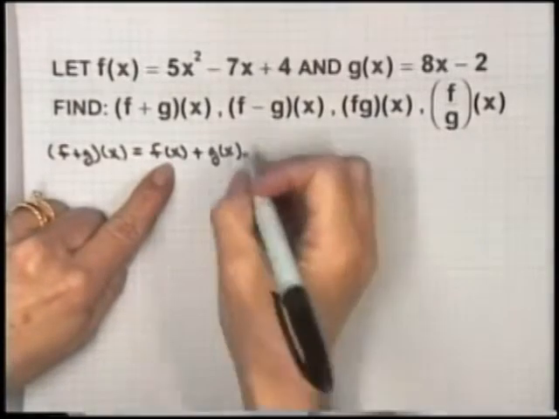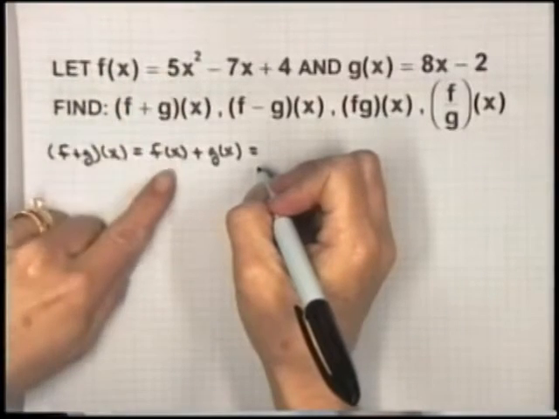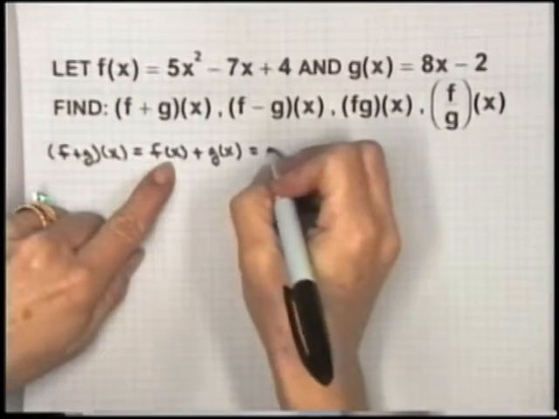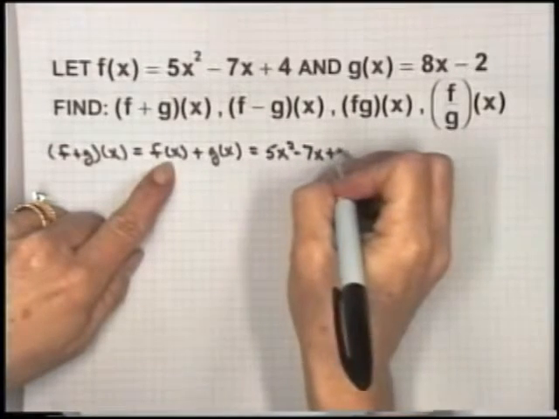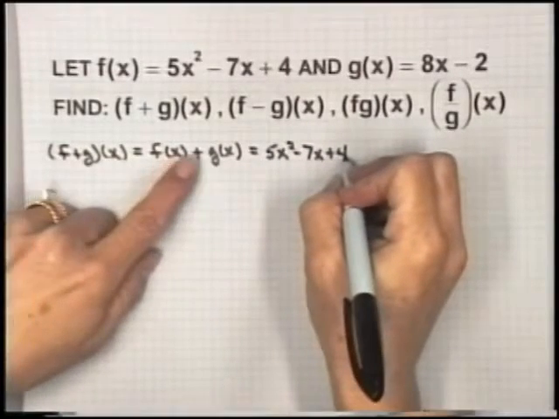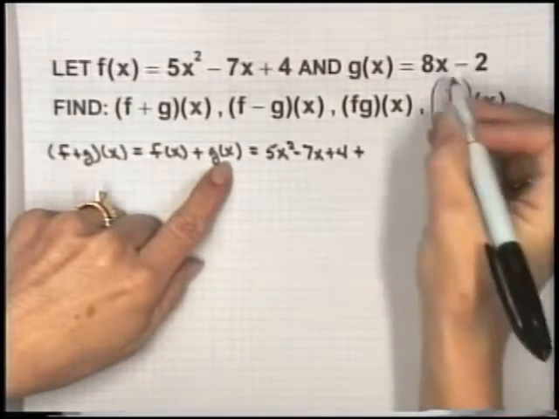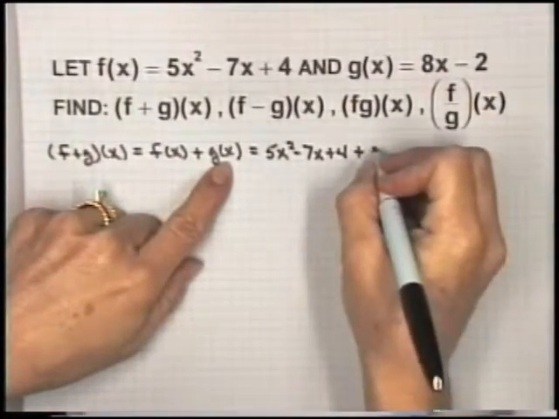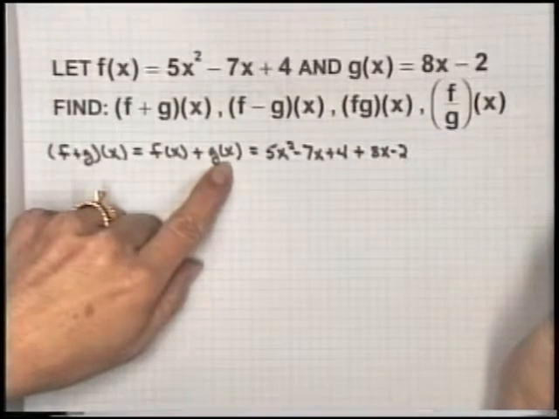And what we're going to do right here is we're going to replace f of x with what it's equal to. F of x is equal 5x squared minus 7x plus 4. And then plus, we're going to replace g of x with what it is equal to. G of x is equal 8x minus 2, so we will replace that with 8x minus 2.